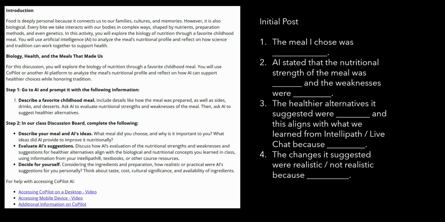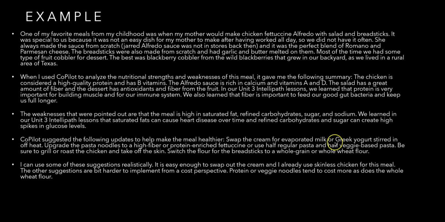So that is kind of where I'm giving you my example that I posted in my instructor example. I talked about the meal that I liked, and then when I used it, what it gave me as the strengths and the weaknesses.